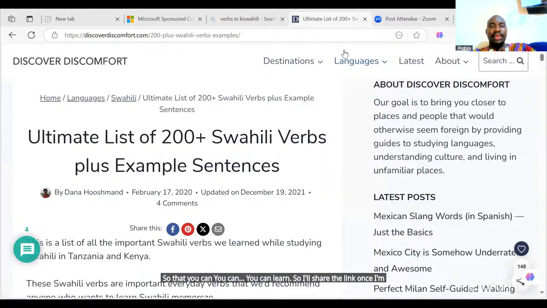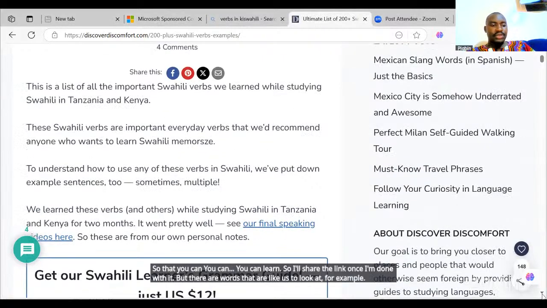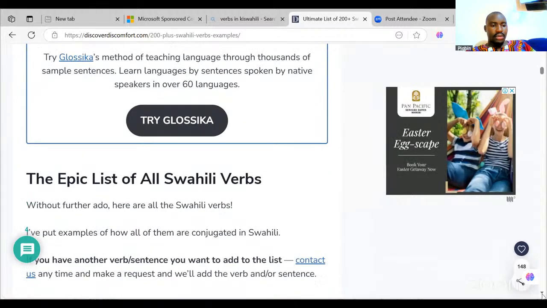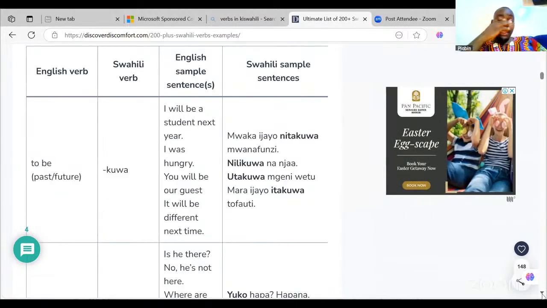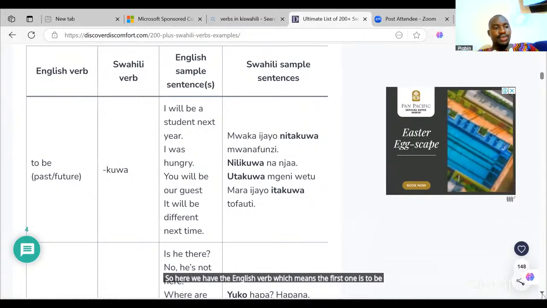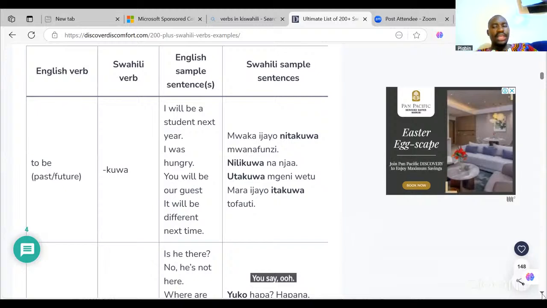But there are words that I'd like us to look at, for example, an extension of some of the Swahili verbs. Here we have the English verb, the first one is to be. To be is kuwa. We say kuwa, which in Swahili will be kukua or kuwa.